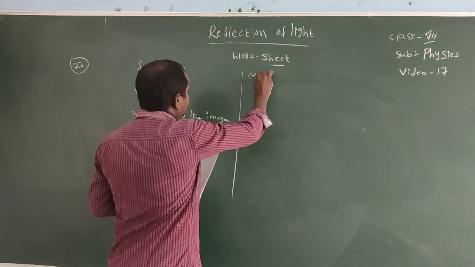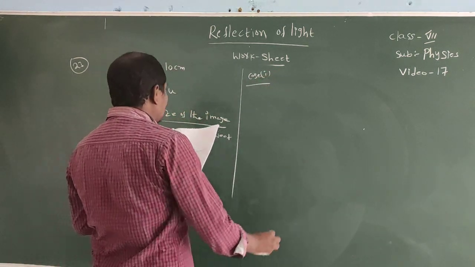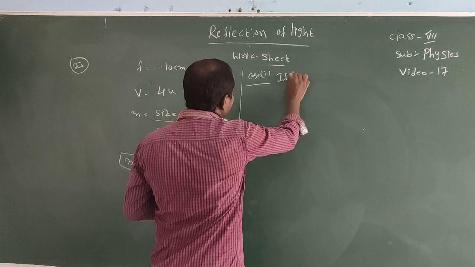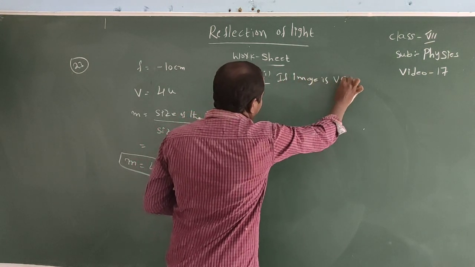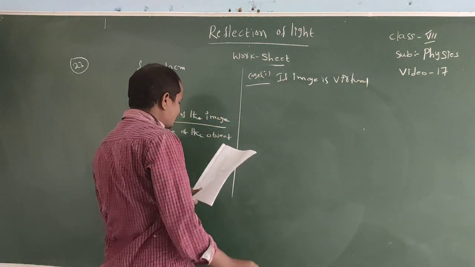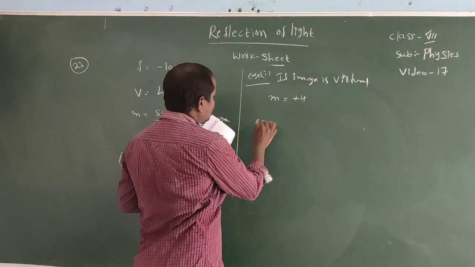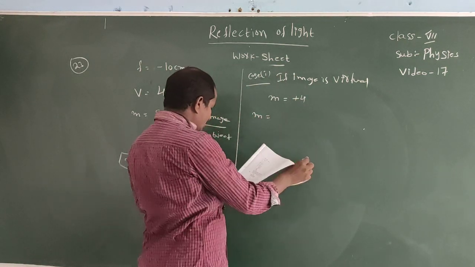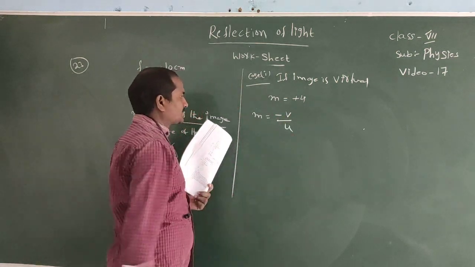Case 1. If image is virtual, so m is positive, therefore m equal to positive. So what is m? M equal to minus v by u.